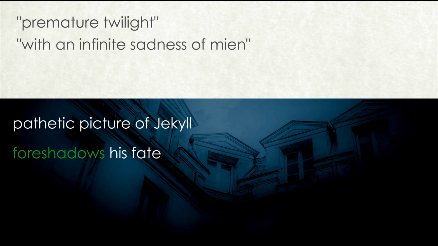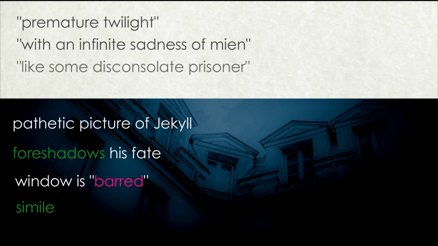In this extract, Stevenson paints a pathetic picture of Henry Jekyll. The premature twilight that covers the courtyard seems to foreshadow his fate. The window at which he sits, with an infinite sadness of mien, we know from a previous chapter to be barred, so the simile, like some disconsolate prisoner, invites sympathy at his seemingly self-imposed exile.